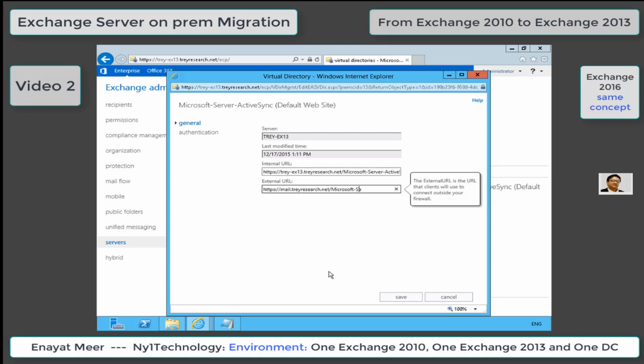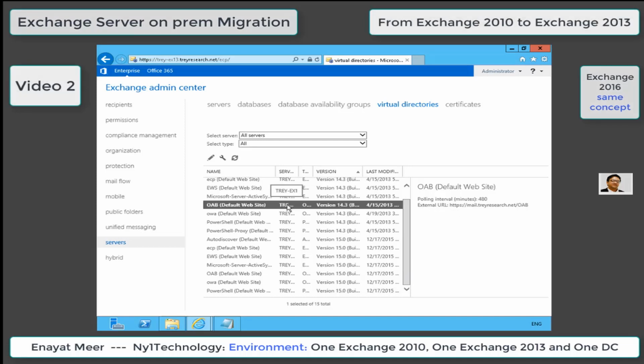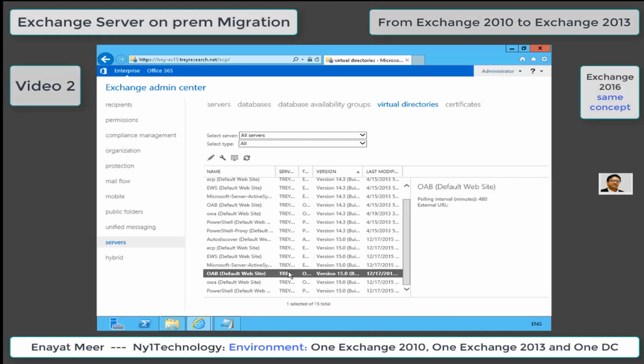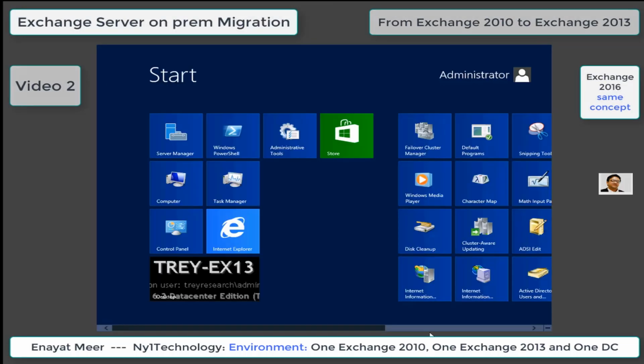Now you are looking at EX13 at this time, so you are going to ignore EX1. Looking at Outlook address book default website, here you are going to again add your URL at the bottom row. So make sure that you have completed all the EX13 part on that one.